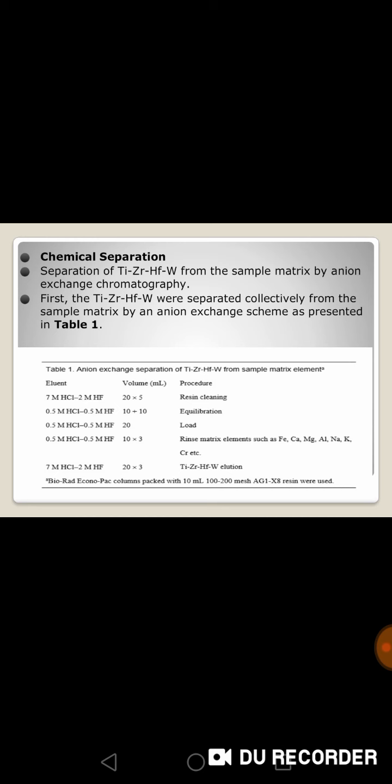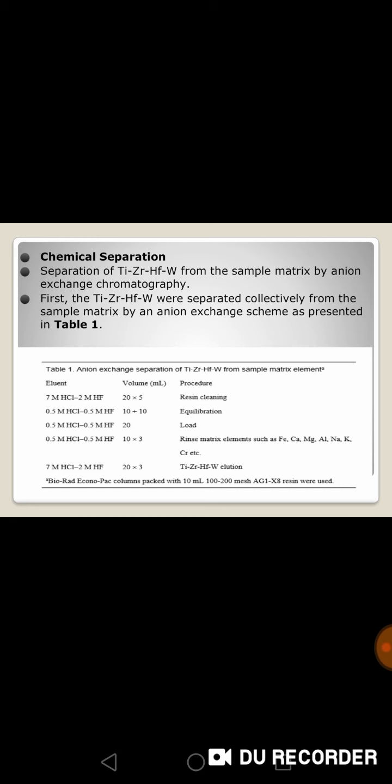All these elements are eluted by using 0.5 molar HCl and 0.5 molar HF solution, volume 10 into 3 ml. So we are left with titanium, zirconium, hafnium, and tungsten. For their elution, we have to add 7 molar HCl and 2 molar HF solution, volume 20 into 3.